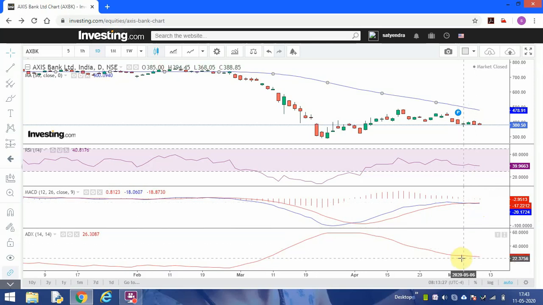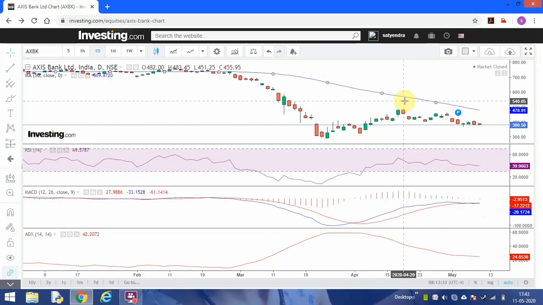Then you see ADX is above 20. This is supporting a bearish trend, and the moving average is also going down. Moving average can be used to know whether it is an uptrend or downtrend. RSI can be used to know whether it is going towards oversold or overbought.